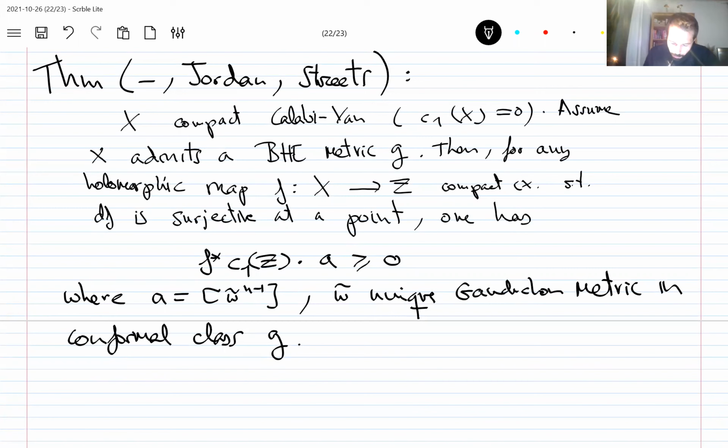So, okay, I didn't write the cohomology. This is in Aeppli cohomology, right? So omega tilde is dd^c closed, omega tilde^(n-1) is dd^c closed. So this is in the Aeppli cohomology of the manifold.